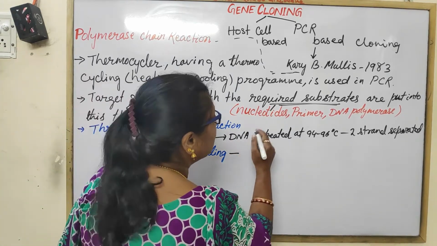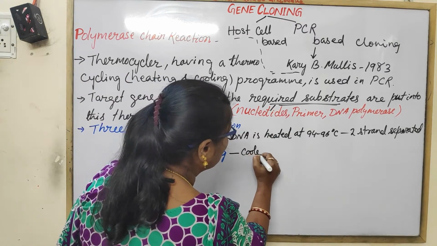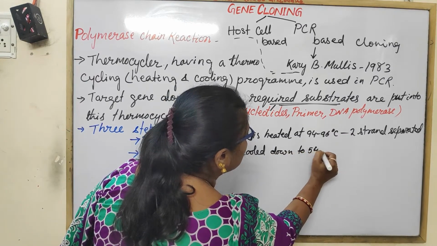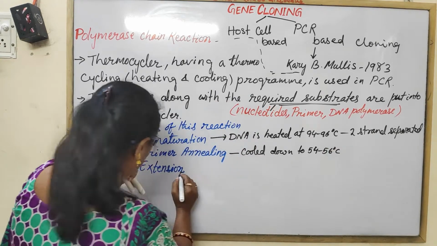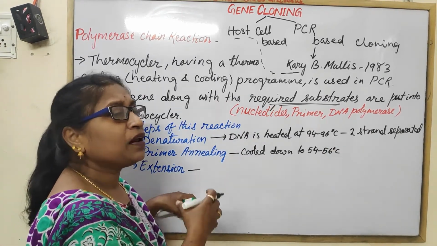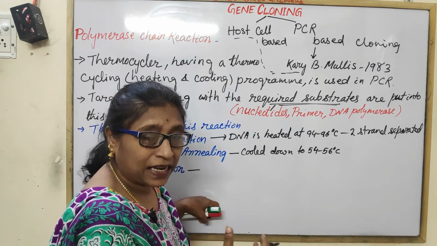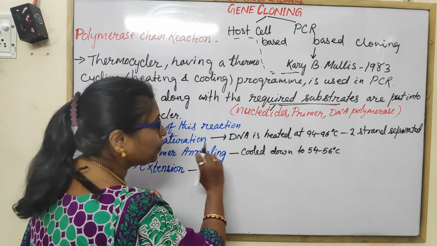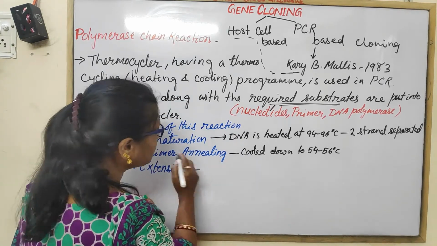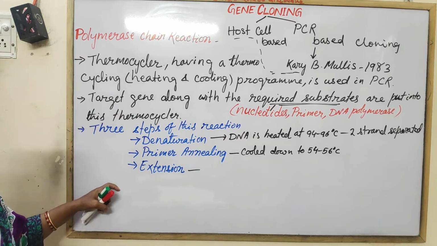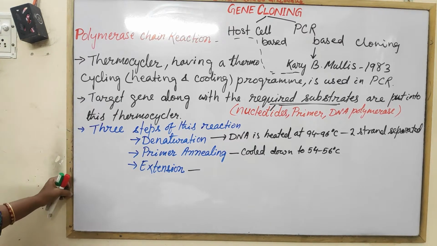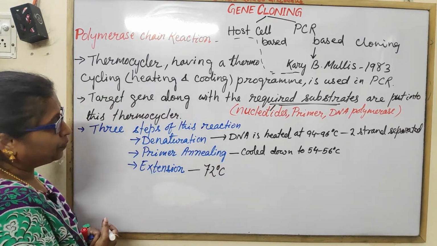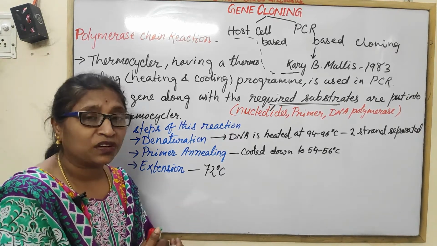In primer annealing, it is cooled down to 54 to 56 degrees Celsius, so that annealing occurs. Then extension. The DNA polymerase enzyme extends the nucleotide sequence from the primer onwards. Extension is done again at a higher temperature, about 72 degrees Celsius.